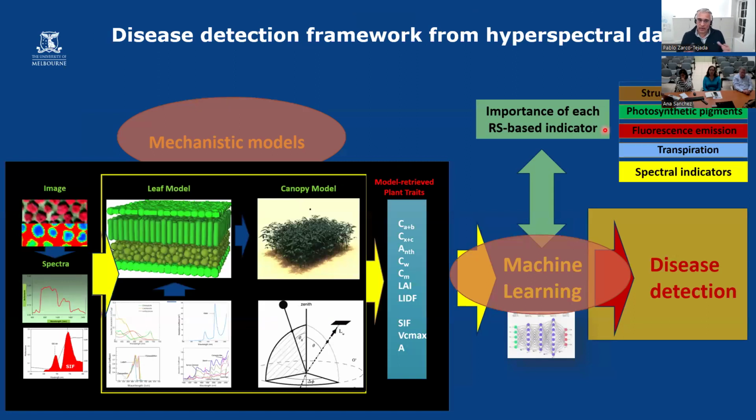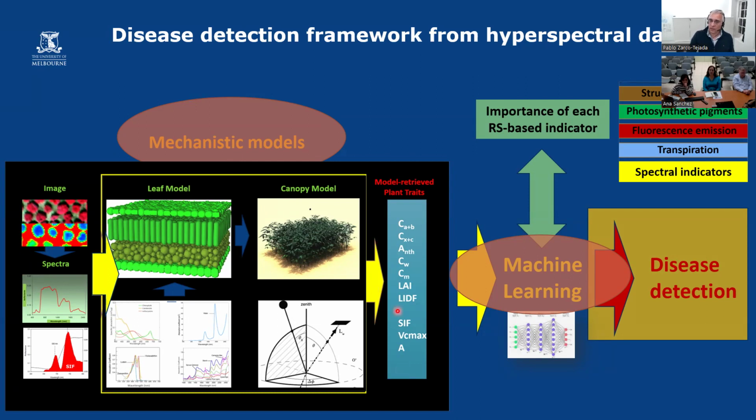The scheme that we have applied to both Verticillium wilt and Xylella fastidiosa can be seen here. It's basically using mechanistic models like the ones I mentioned before. Those mechanistic models allow us to quantify the plant traits in terms of photosynthetic and non-photosynthetic pigments and structural indicators.